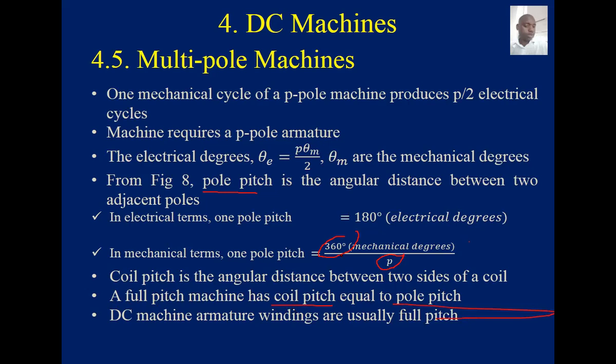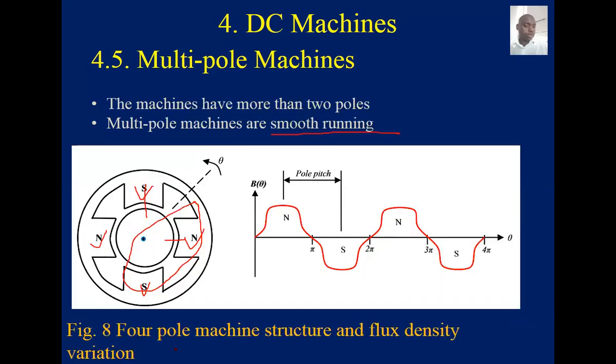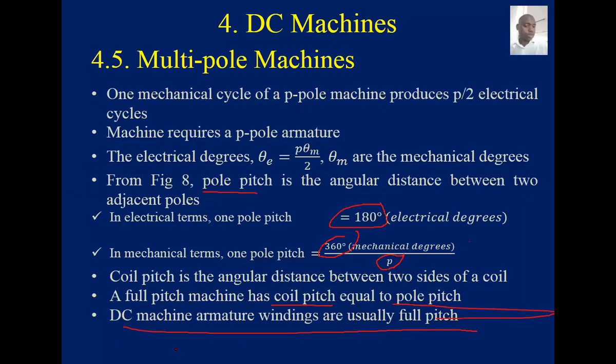So that means in electrical terms, coil pitch will also be equal to pole pitch for a two-pole machine. But then the DC machine armature windings are usually full pitch. That means the coil pitch, the angular distance between the sides of a coil, will usually always be equal to the angular distance between the poles, right?